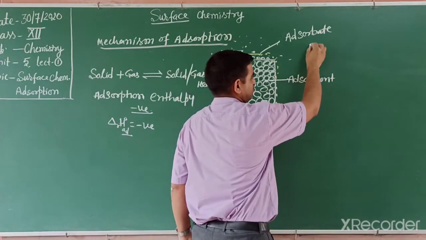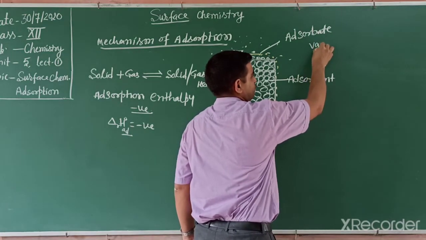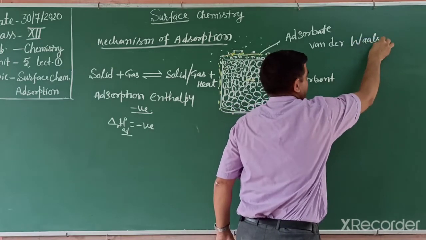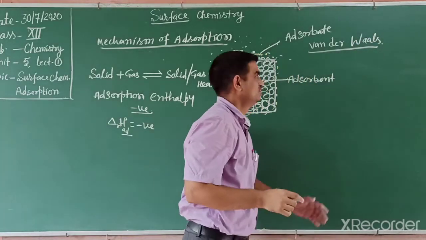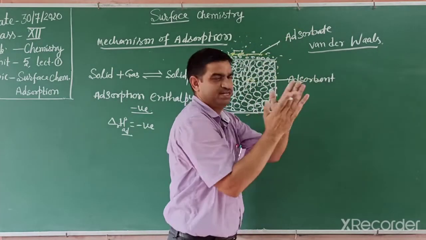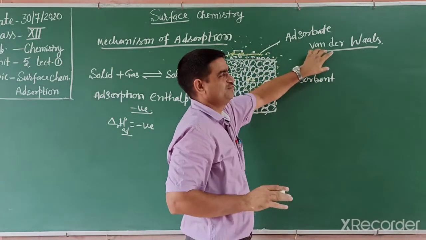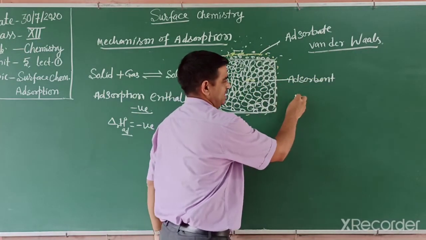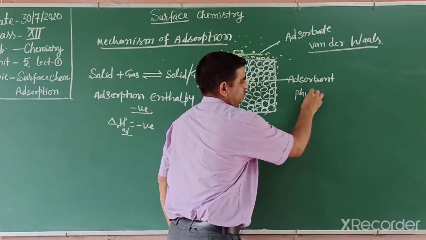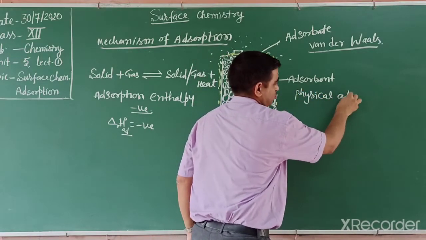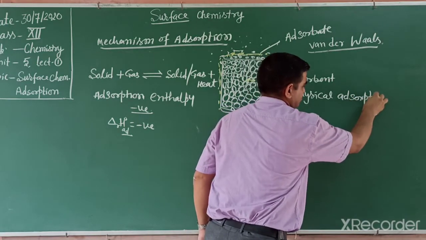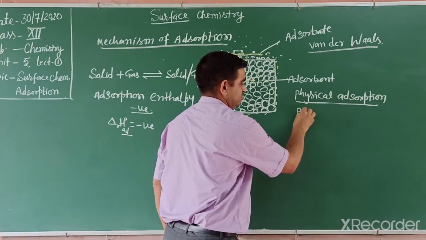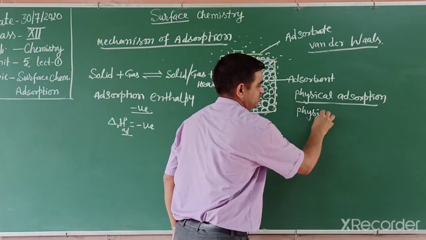If the force is weaker, that is the van der Waals force of attraction. If between adsorbate and adsorbent the force is very weak, that is the van der Waals force of attraction, then this adsorption is known as physical adsorption, or physisorption.